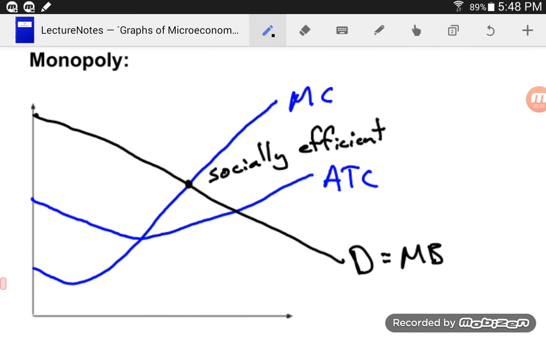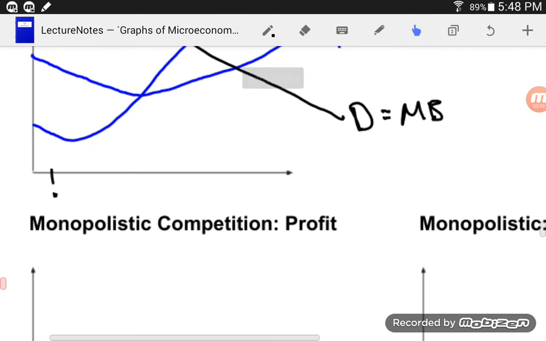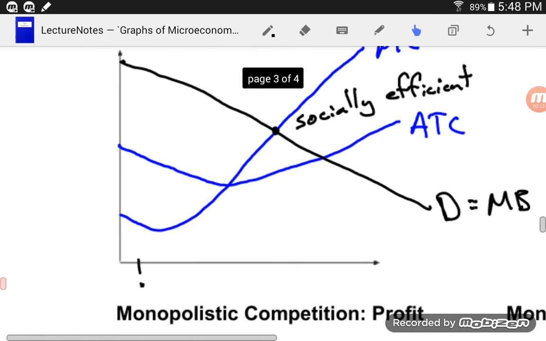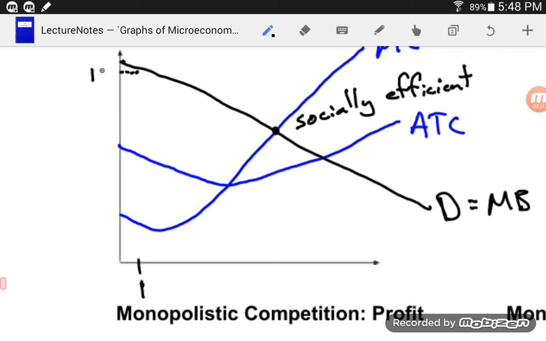Let's just put some numbers to it, make up our own numbers here so you can get the idea. Let's call this 1. If I sell one of them, I might be able to sell it at, let's say, $10. And if I want to sell 2, the market is going to require that I probably sell them at a little bit lower price.